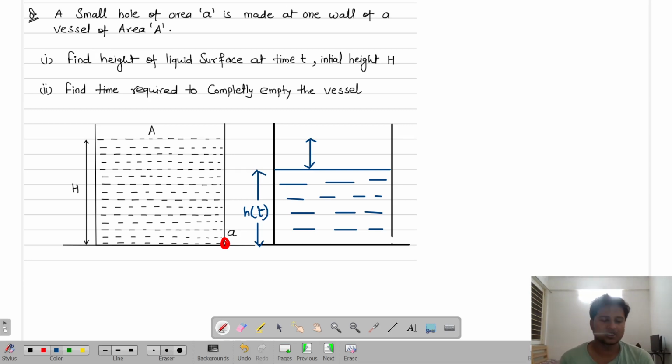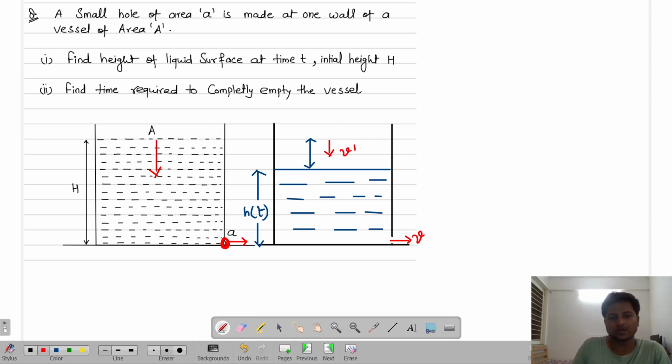Okay, now look over here. Let's suppose this liquid water is coming out with some velocity. The same velocity it will always maintain. So from the top also it will have some velocity component in the downward direction. Let's suppose this is v, this is v dash.